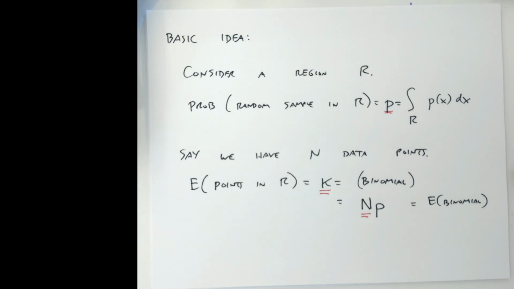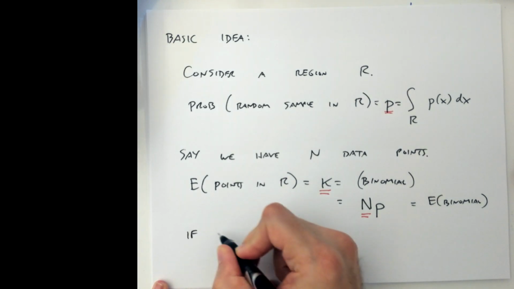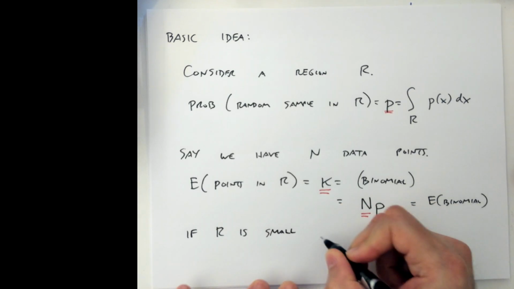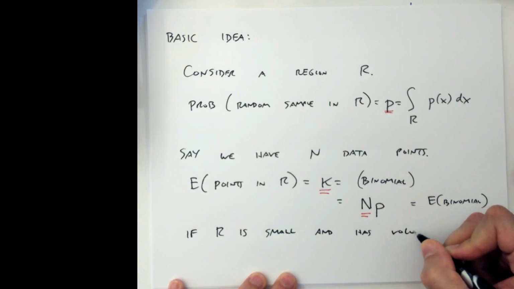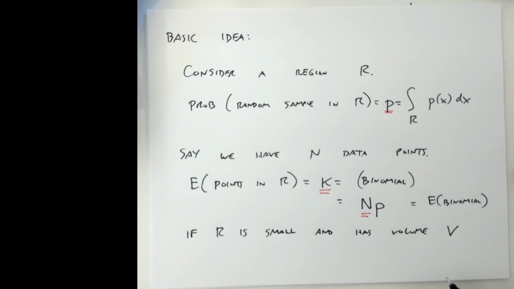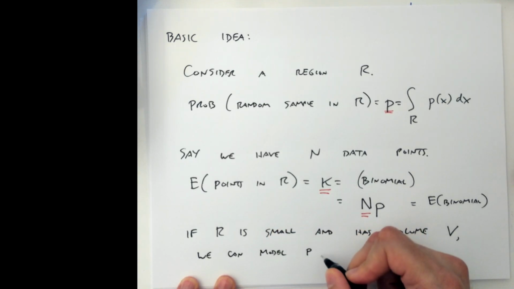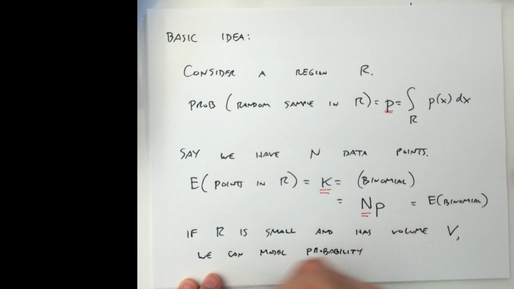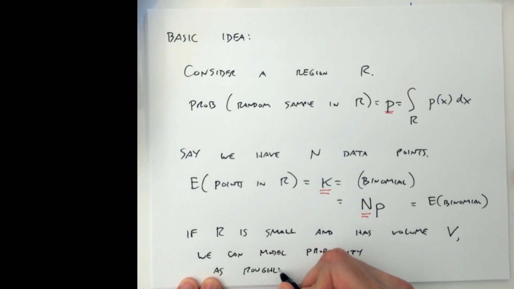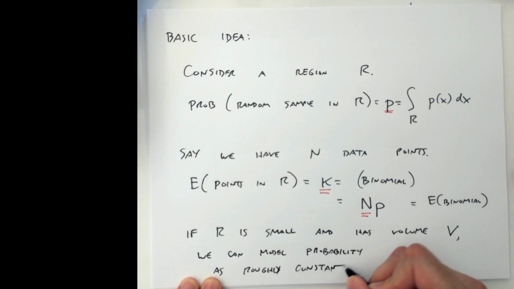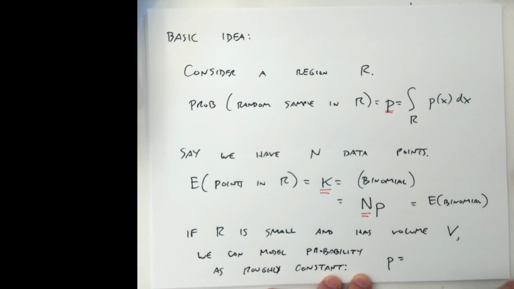So if the region is small and has volume V, we can model the probability as roughly constant. That's like saying that this P value is basically P of X times V, for any point X in the space.